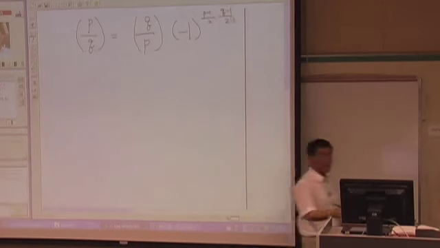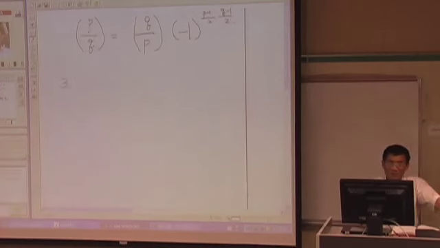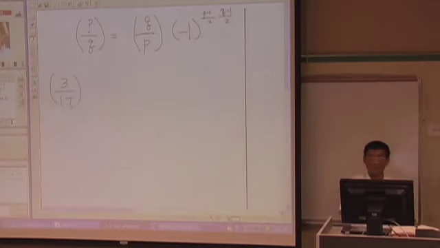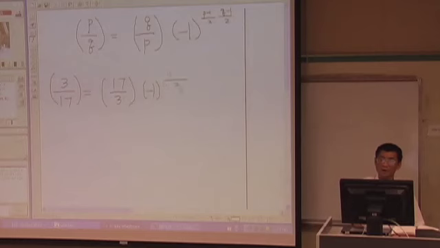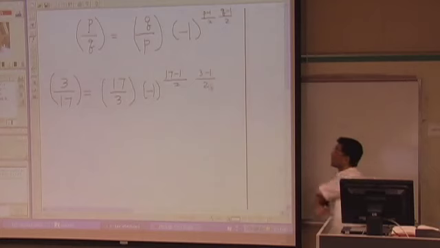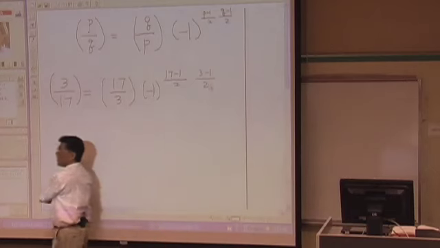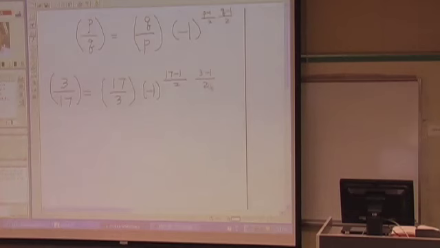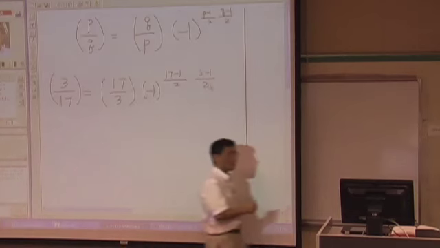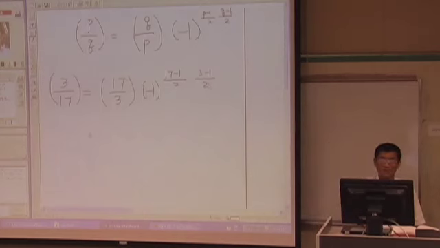Take a look. We had 3 over 17, right? It's not easy to calculate it. So we consider the reversed one, and then minus 1 to the power of (17 minus 1) over 2 times (3 minus 1) over 2. Then 17 minus 1 is 16. 16 over 2 is 8. So negative 1 to the power of 8 is 1, so you can ignore this. Then what happens? 17 o'clock is the same as minus 1 o'clock, right?